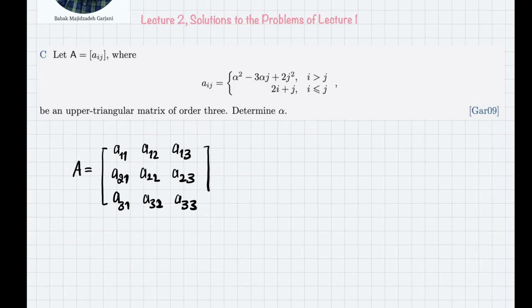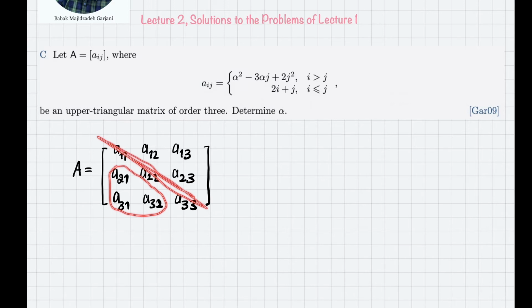This is a generic form of a 3 by 3 matrix. And then this is supposed to be an upper triangular matrix. So it means that if you consider this main diagonal, below the main diagonal there are 3 entries. All of them have to be equal to 0.